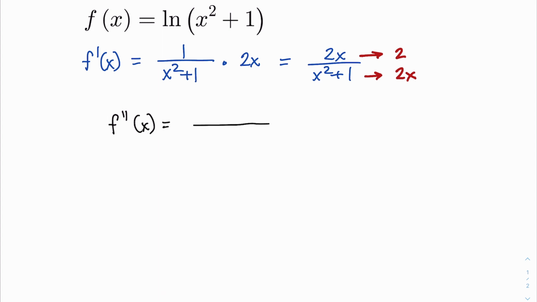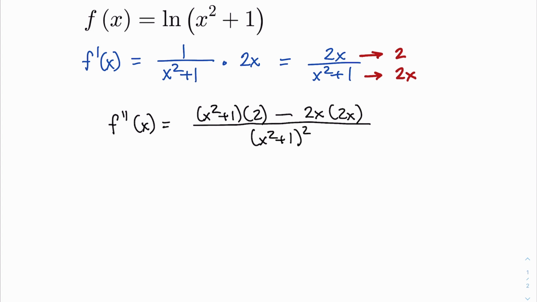is, well, let's see, it's low d high, which means the denominator times the derivative of the numerator, so x squared plus 1 times 2, minus high d low, so that is 2x as the numerator times 2x as the derivative of the denominator, and then all over low squared.